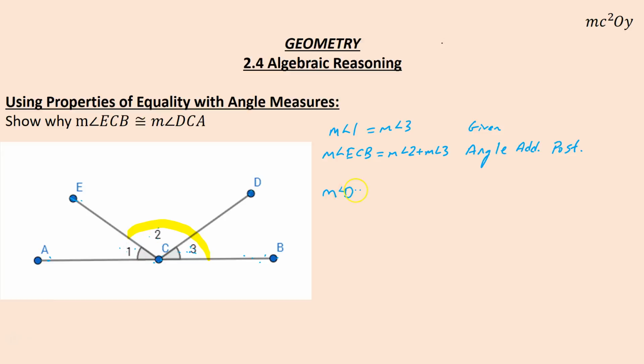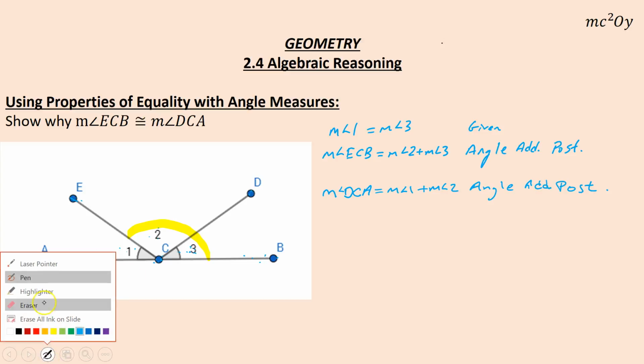Measure of angle DCA is equal to the measure of angle 1 plus the measure of angle 2. Once again, angle addition postulate. Notice I started abbreviating there.